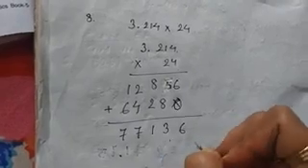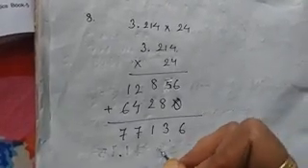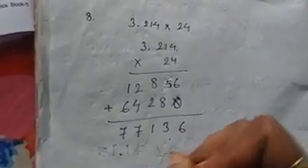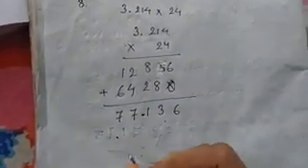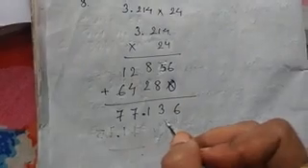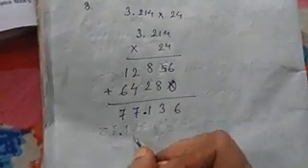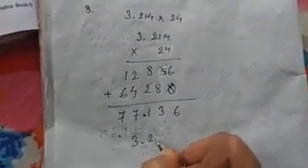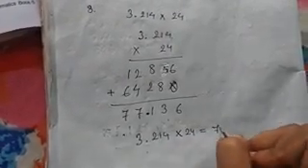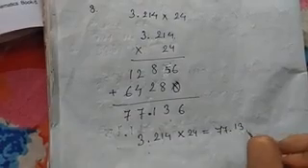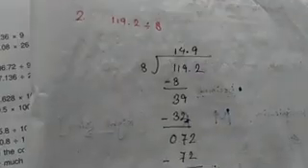Counting from the extreme right: 1, 2 and 3. So the number is 77.136. So 3.214 multiplied by 24 will get 77.136.